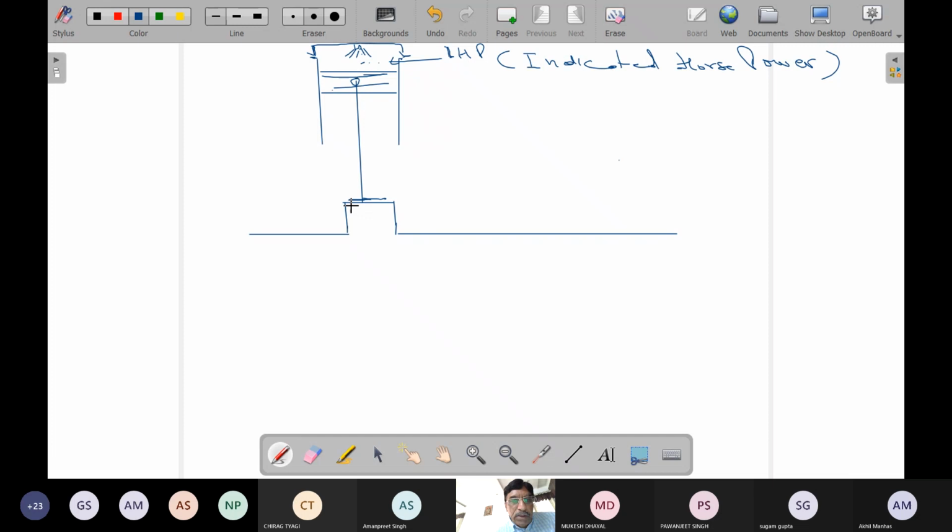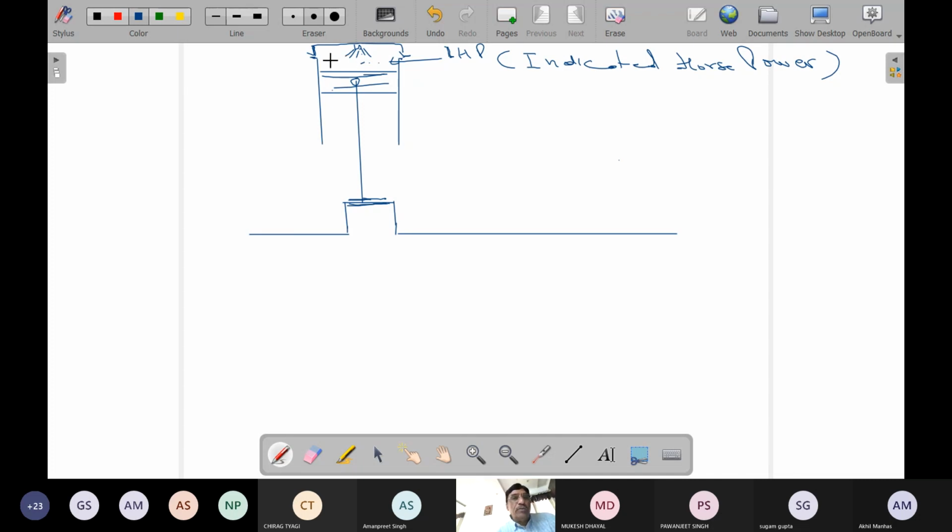Now this is actually a bearing here, the bottom end bearing, which for simplicity I have not shown, but we know the frictional losses. And some energy is eventually going waste into the exhaust gases. Of course we recover some of it through the turbocharger and exhaust gas economizer system, but still.